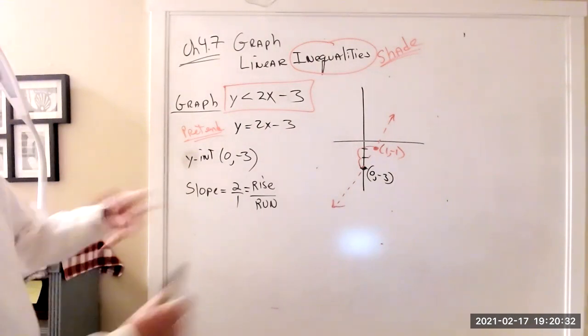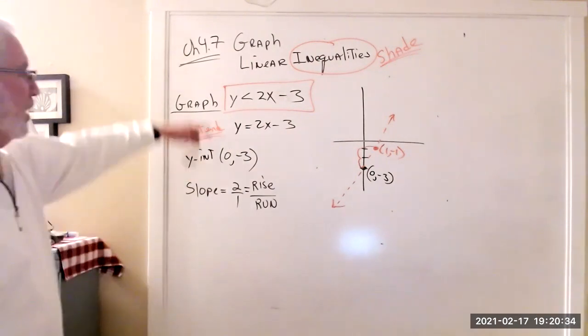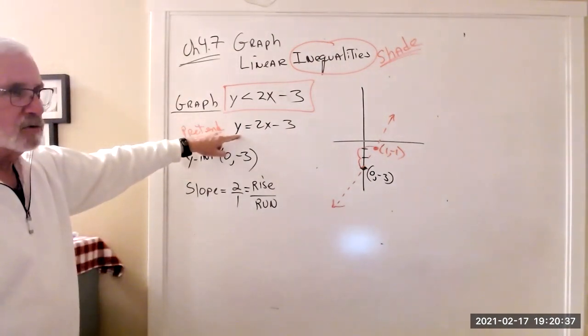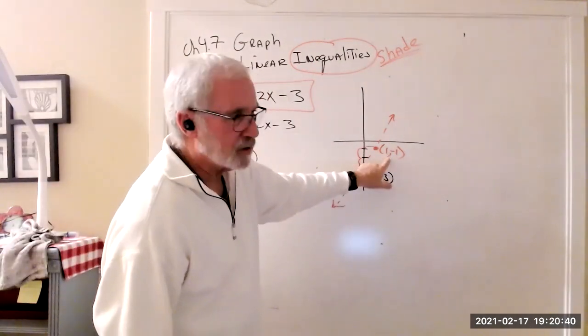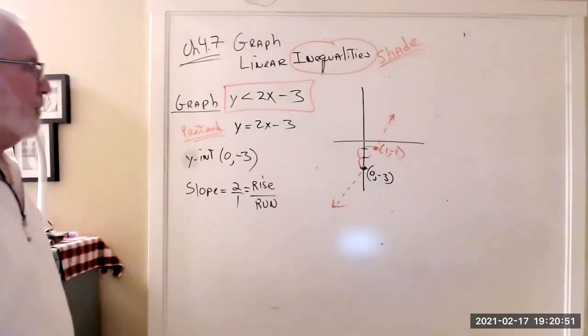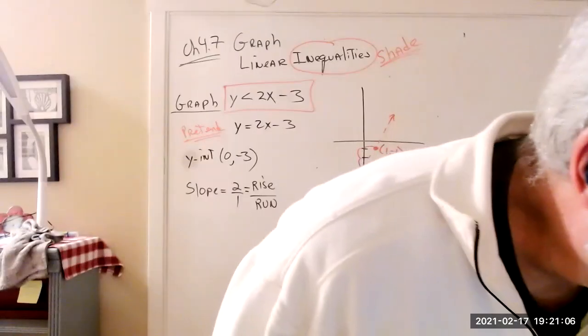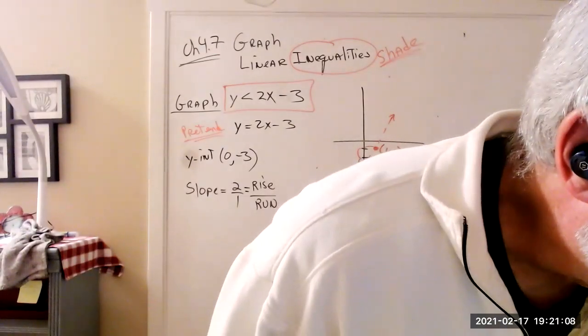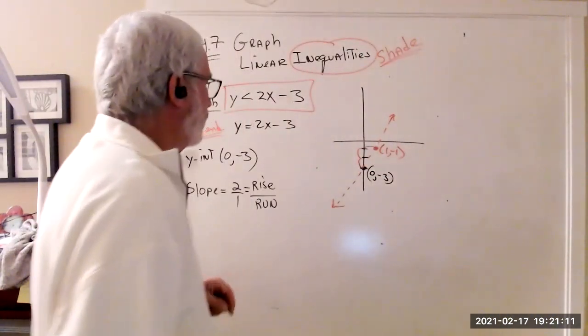Okay, so before I get into shading, is everybody okay with how I graphed this line? Where did I get the point (1, -1)? And are you okay with it being dotted? Yes. Now, how did I find the zero?